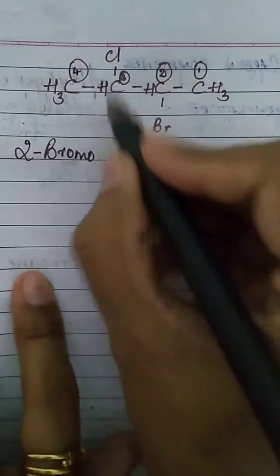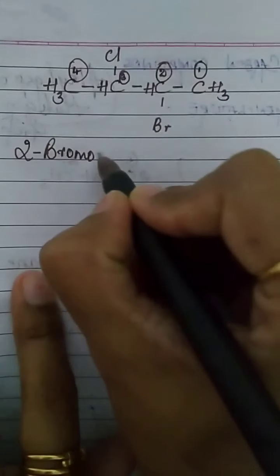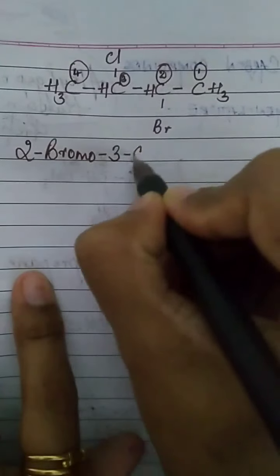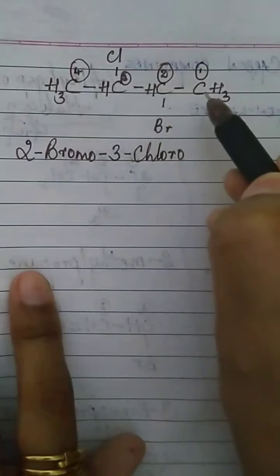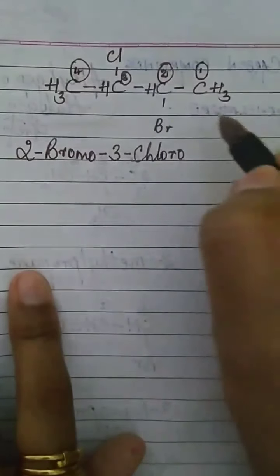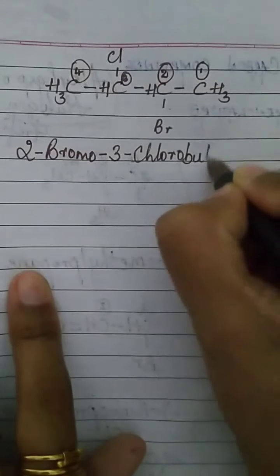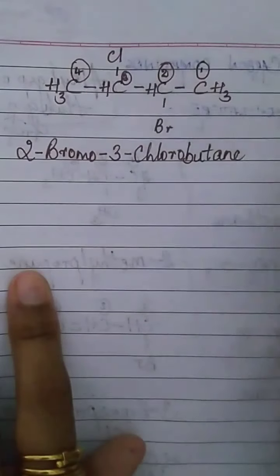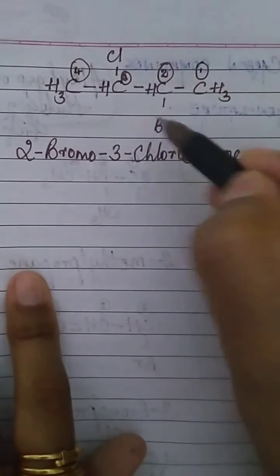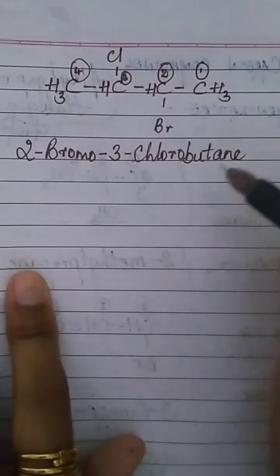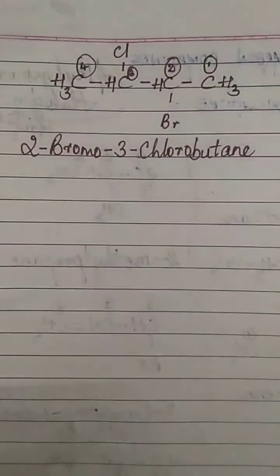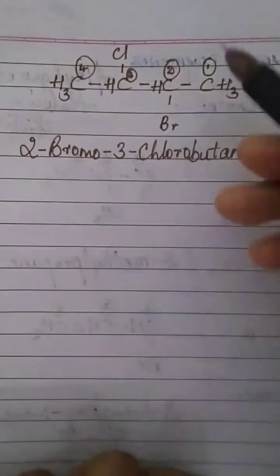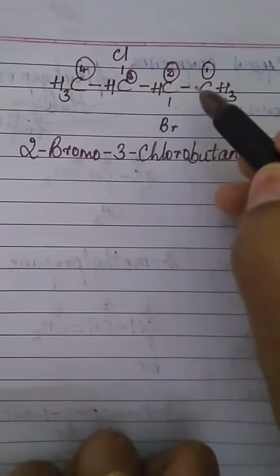One more attachment we have, that is on the third, 3-chloro. Methane, ethane, propane, butane. Parent name is butane. So it is 2-bromo, 3-chloro, butane. Hope you got the name this way. So once again I repeat, if you have 2 halogens, alphabetical order wise, you have to put the numbers.